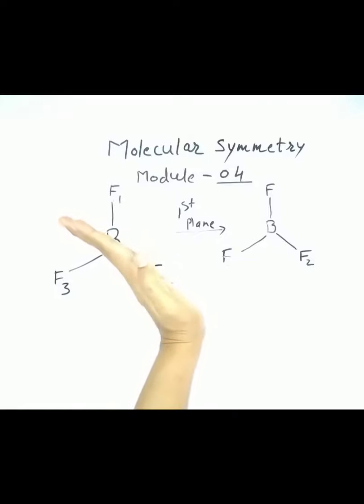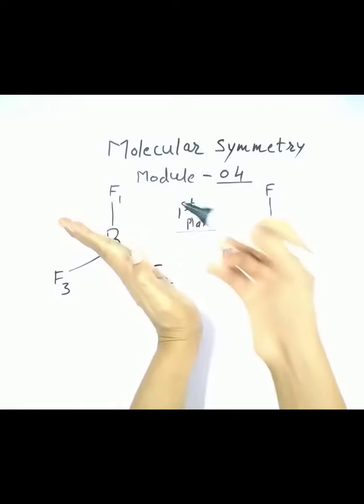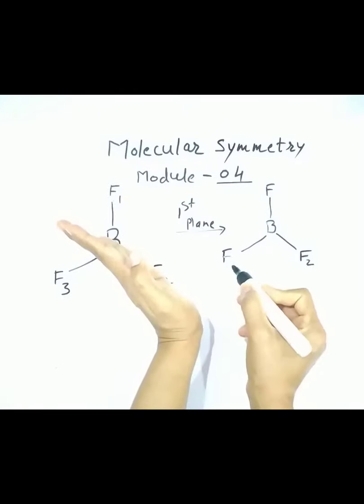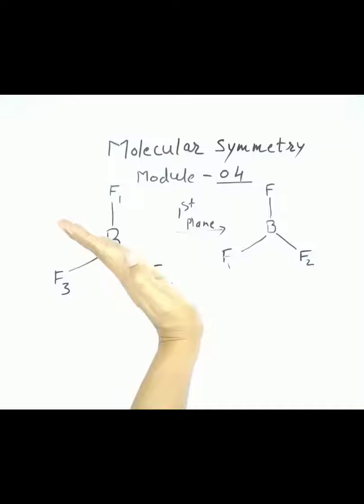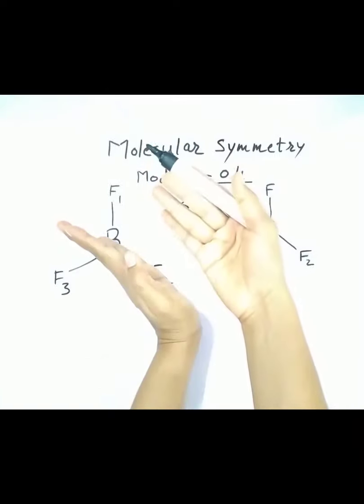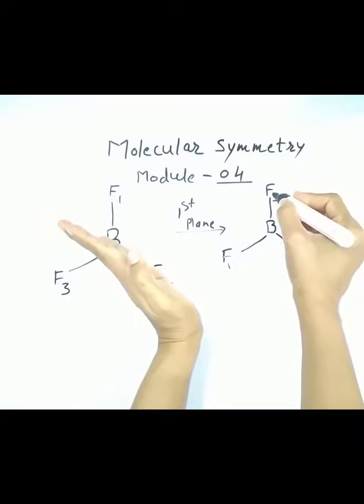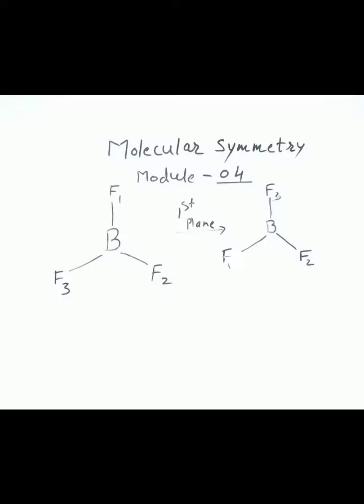After passing the mirror like this, the image of this fluorine will appear on this side. So this fluorine will become F1 and the image of this fluorine will appear on this side. So this will be F3. This is the second plane we have passed.